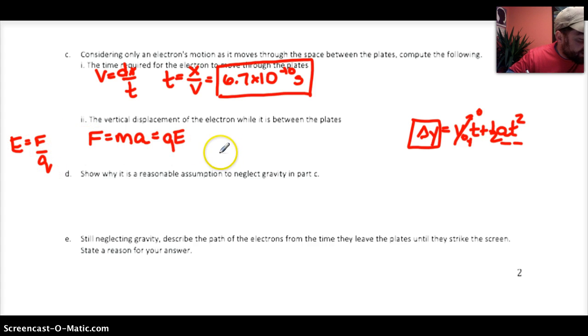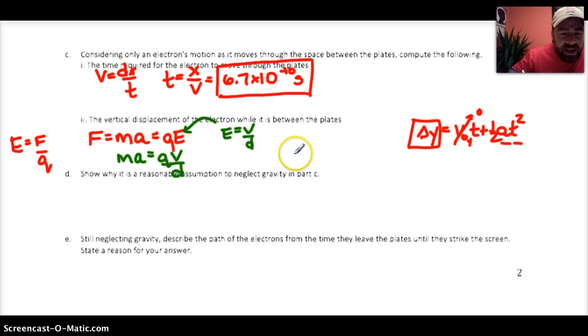So I'm going to get MA is equal to QE, and then finally another substitution for E: the electric field can be described as the electric potential difference per unit distance. And so when I substitute that in for the electric field, I'll get MA is equal to Q times V over D.